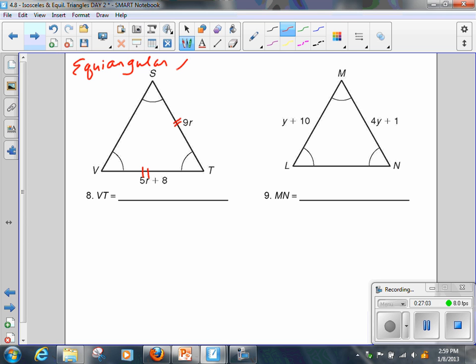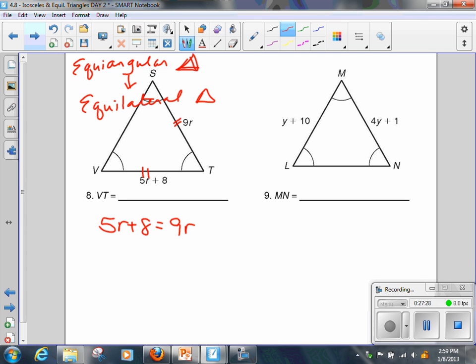This is an equiangular triangle, which means it's also an equilateral triangle, isn't it? And the sides are equal. So Chase, you said to do what? 5r plus 8 is equal to 9r.